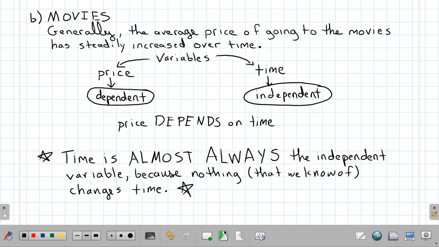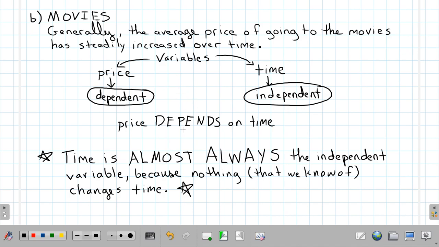And I do say almost always because, once again, if you're interested in knowing what situations time would be a dependent variable, we can talk about that outside of class because that's a more philosophical science physics question, okay? But once again, in our cases, when we're dealing in math, most of the time, time is the independent variable because nothing changes time. A lot of things depend on time, like the price of movie theaters here, okay?